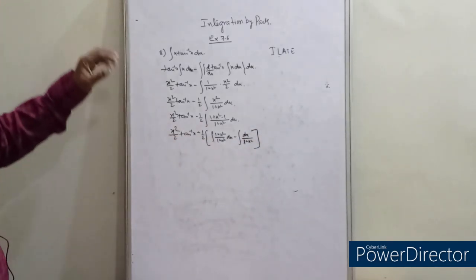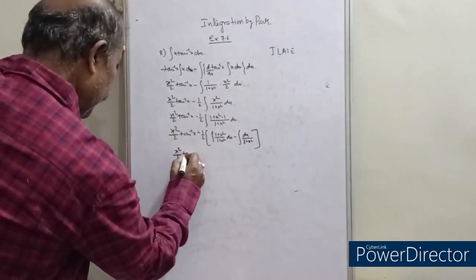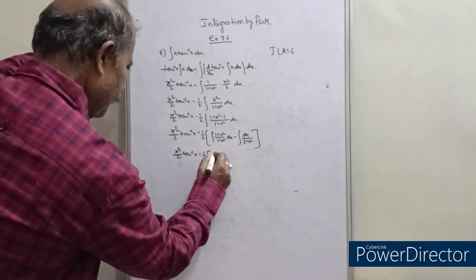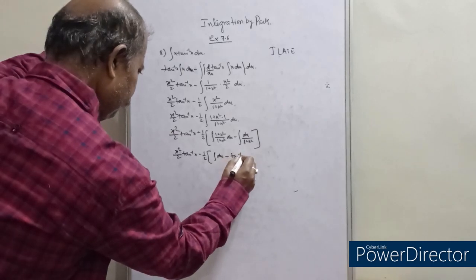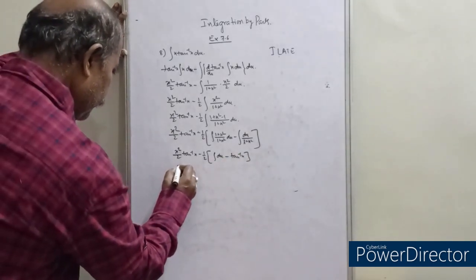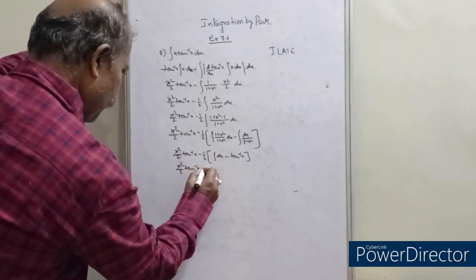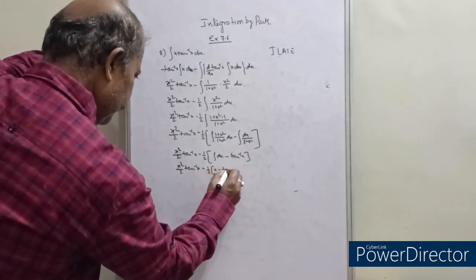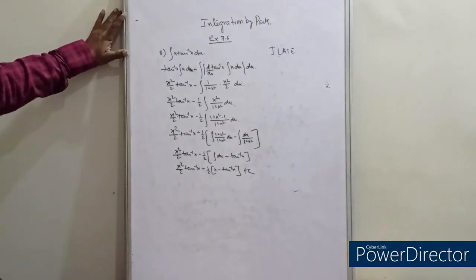So here this cancels out, and x square by 2 tan inverse x minus 1 by 2 integration of dx, and this is tan inverse x. Now I am going to do further, that is x square by 2 tan inverse x minus 1 by 2 x minus tan inverse x plus c, some integration constant.